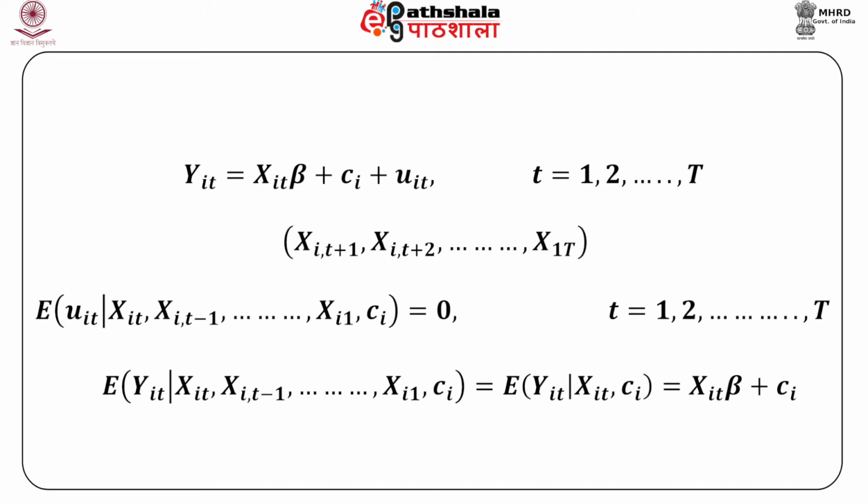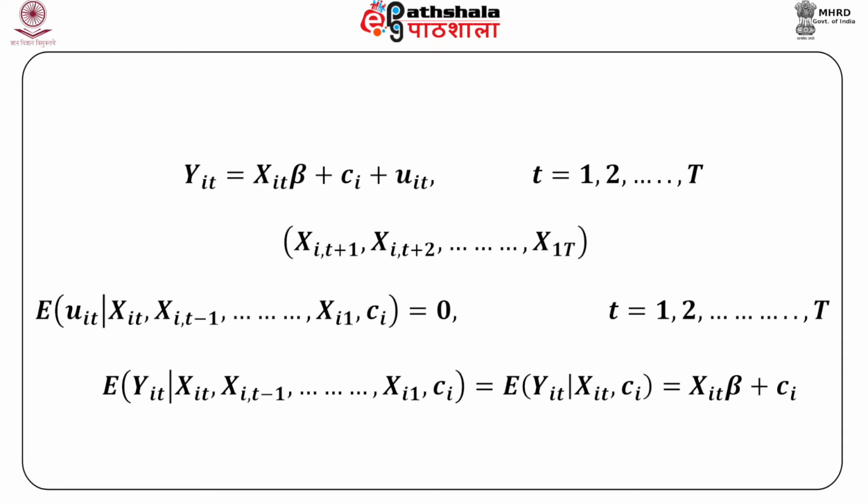As per Chamberlain 1992b, sequential moment restrictions are where the expected value of U_it given X_it, X_i,t-1 up to X_i1 and C_i is equal to 0, where t takes the values from 1 to capital T. This is our equation 2. When assumption 2 holds, then X_it are sequentially exogenous conditional on the unobserved effect.